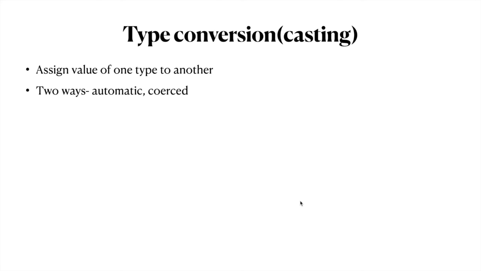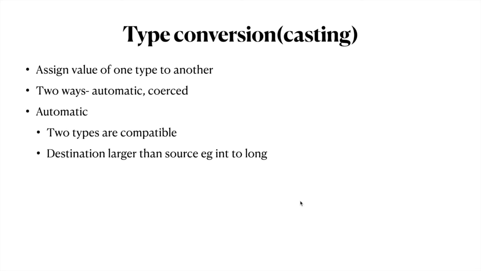One is automatic. Sometimes one data type is promoted to another one based on the expression we are applying, and the other is by forcing it or coercing it with conversion.